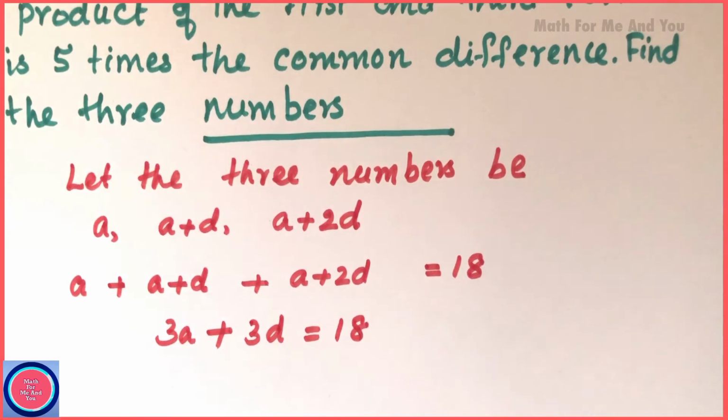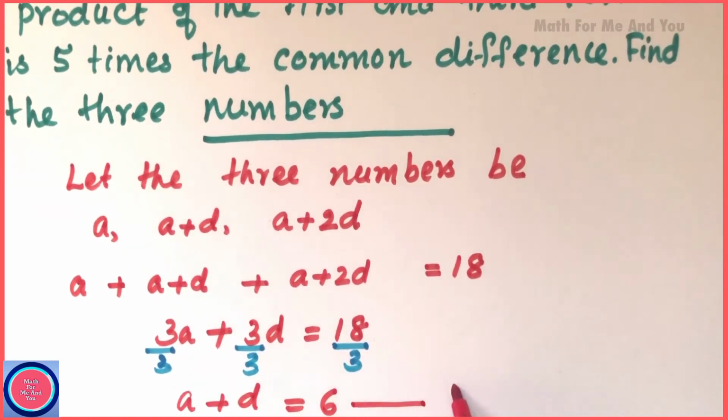Left side and right side, all the three terms with three common factors, so we could divide throughout. Then the equation becomes smaller. We get a plus d is equal to right side 6. 18 over 3 is 6. Let it be equation number 1.